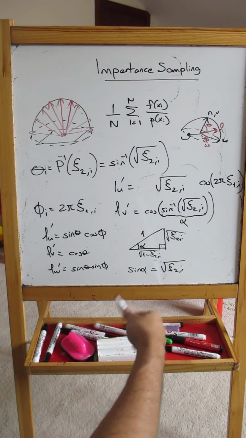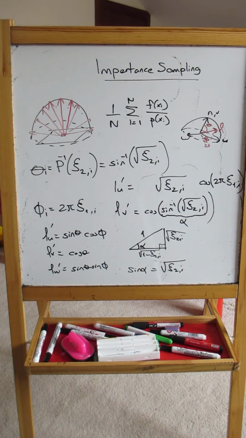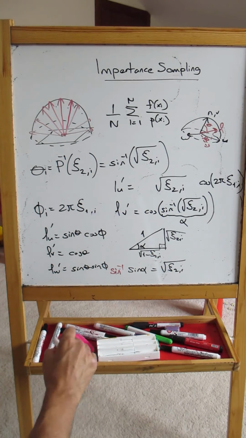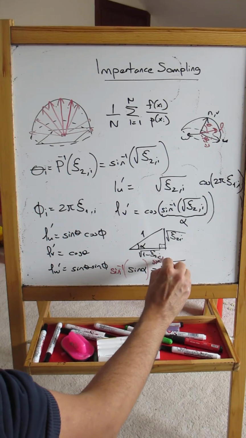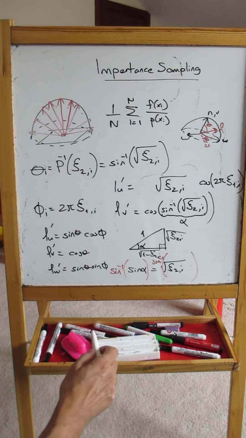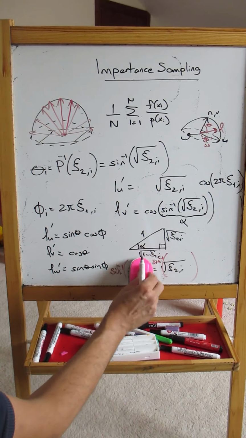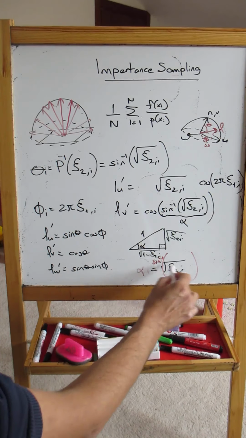Now, if you put sin inverse of this, this is going to cancel out, so you are going to get alpha here. Okay, so alpha is then this one.